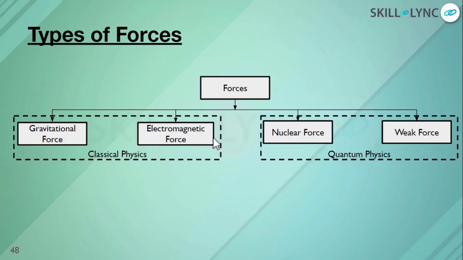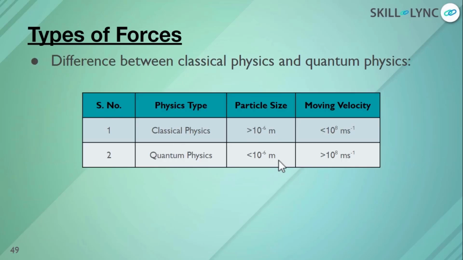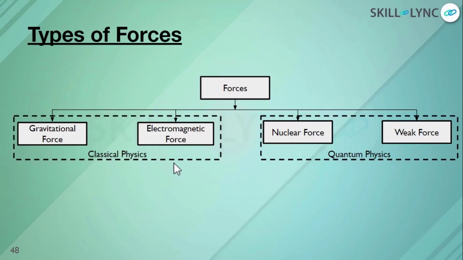Therefore, in classical physics, gravitational force and electromagnetic force will work on it. In a similar manner, if the particle size is less than 10 power minus 6 meter and the particle is moving with a velocity of 10 power 8 meter per second, then quantum physics would be applied on it. Application of quantum physics means the nuclear force and weak force will be applied on it.